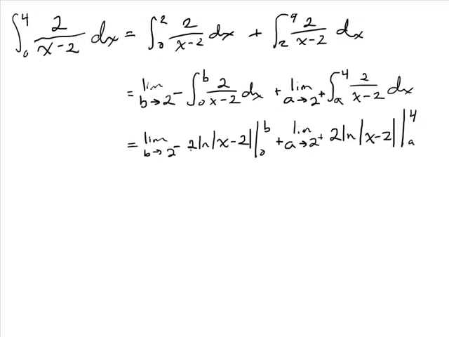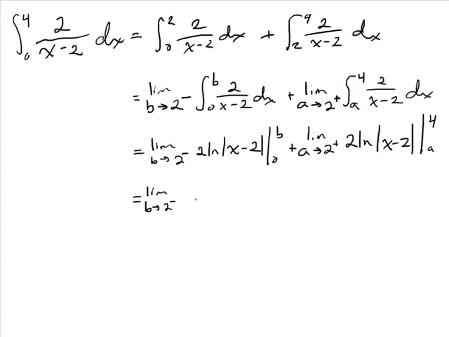So now we're just doing our fundamental theorem and putting in our limits, and then we'll take the limit to get our final answer. So we have the limit as b goes to 2 from the left, and we'll plug in our limits now.